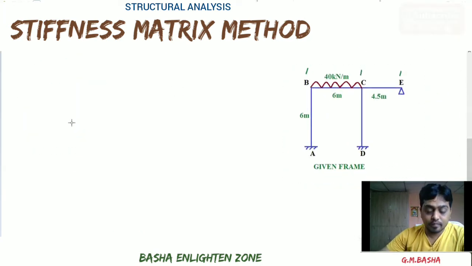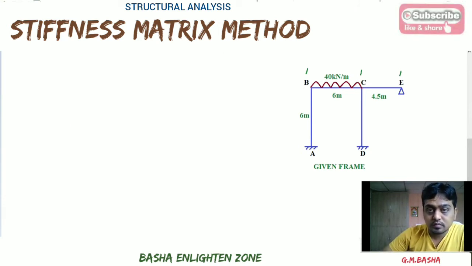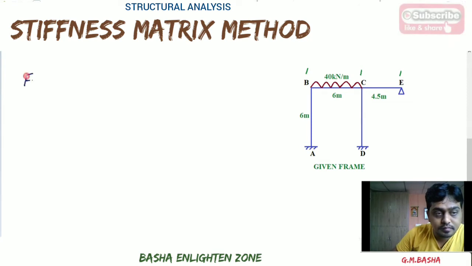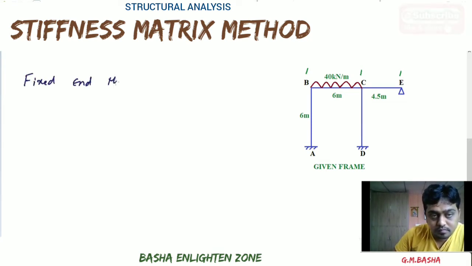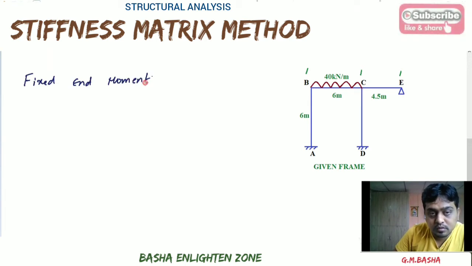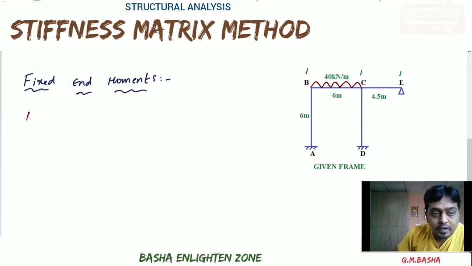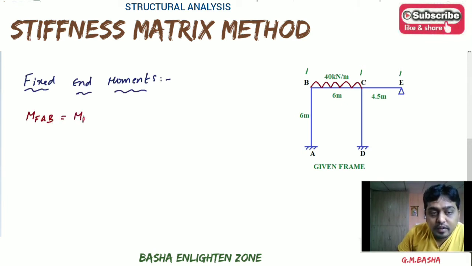Fixed end moments. So what are the fixed moments for column AB? Fixed moment for AB will be equal to fixed moment for BA.